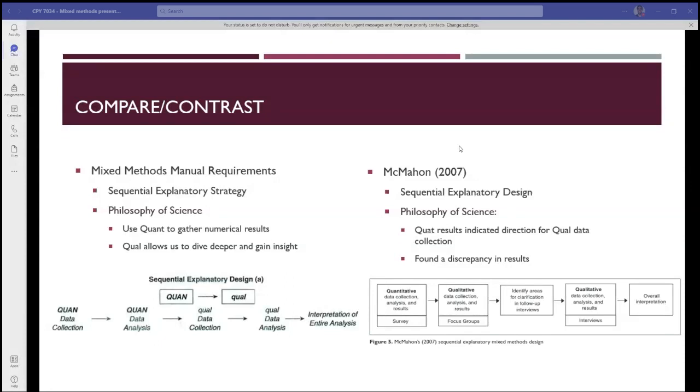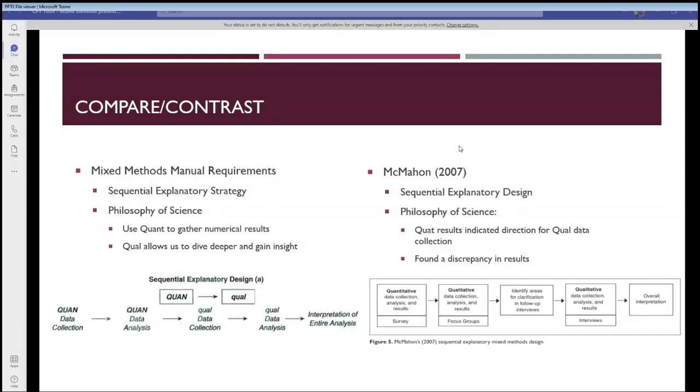Then from there, you move on to qualitative data collection and analysis, and then you have an interpretation of the entire study. This design was similarly seen in the McHone study. One of the requirements of mixed methods philosophy of science is that quantitative research is used to gather numerical results, and then qualitative research allows us to dive deeper and gain insight into those results.